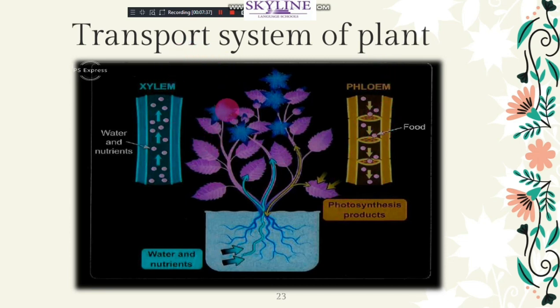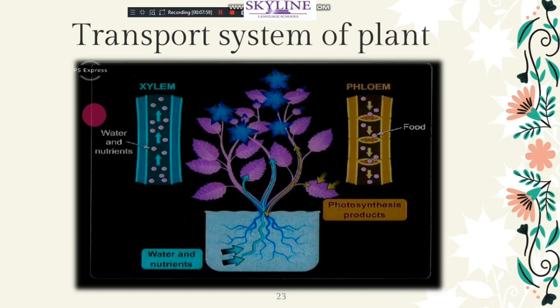Xylem carries water and nutrients up to the leaves. Phloem carries food down to the parts of the plant.